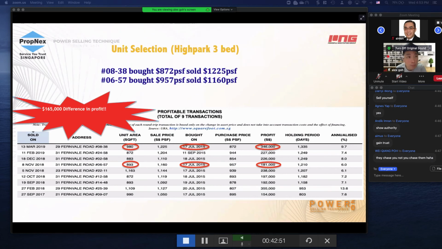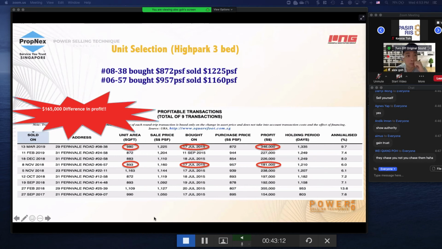Whereas for the bigger unit, the 0838, the people who buy are more for own stay. So in time to come when it TOPs, there will be lesser supply of such units, and a better demand because we are talking about HDB upgraders looking to move in.